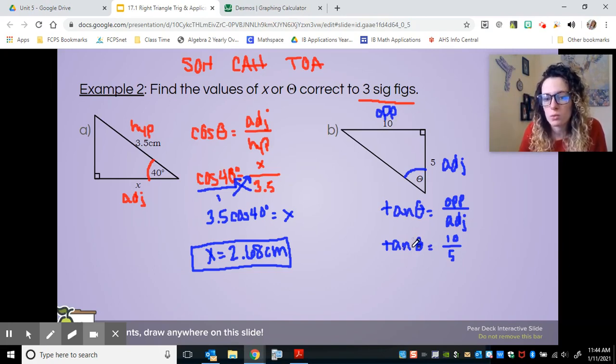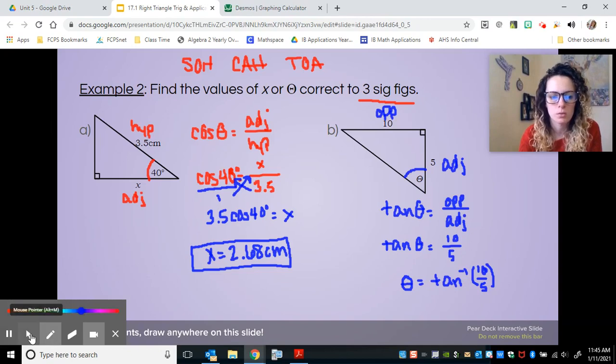That's what you're going to use when you're looking for the angle. So what could be written as a next step could be I'm solving for theta, and it's going to equal the inverse tan of 10 over 5, or again, just 2. But the key is that we're using that inverse tangent function.